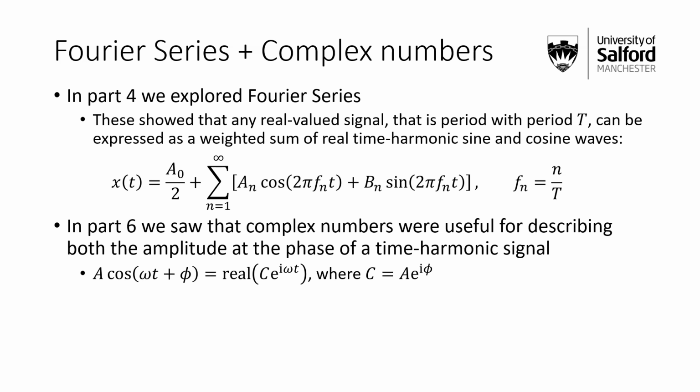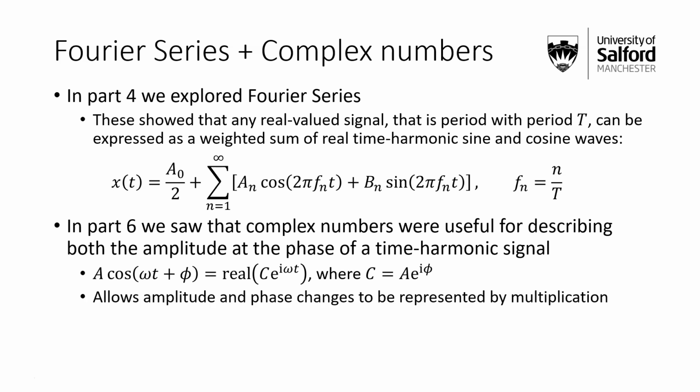And this e to the i whatever is this sort of complex exponential notation that we introduced in part 6. So again, if that's not familiar, then stop now and find that part 6 video and go and watch that, and then come back here and it will hopefully make some sense.